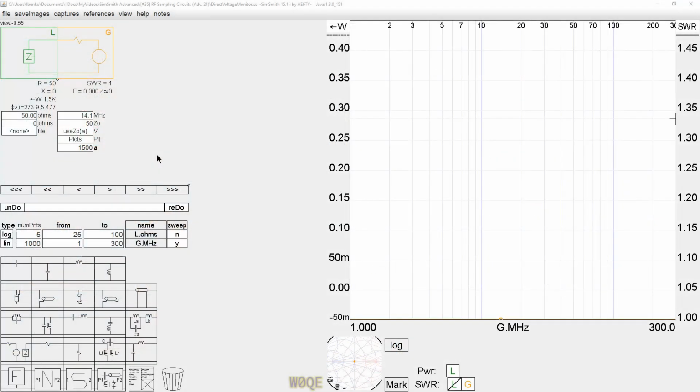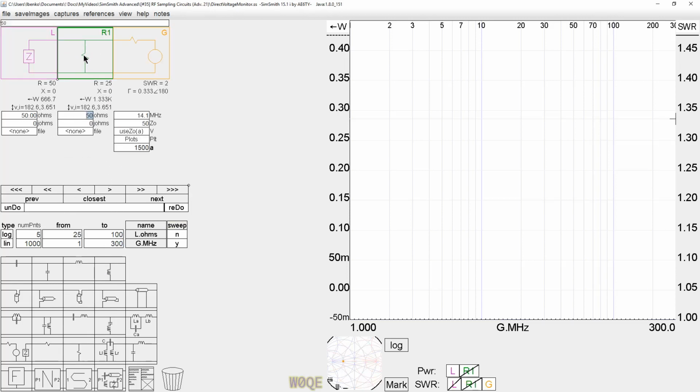Let's first look at a direct connection type of a monitoring circuit. We have a 50 ohm generator and a 50 ohm load. And for these purposes, we're going to assume the connectors are perfect, so they don't do anything to the 50 ohm circuit at all. What kind of an impedance could we put in shunt with this circuit that would allow us to have a good SWR?